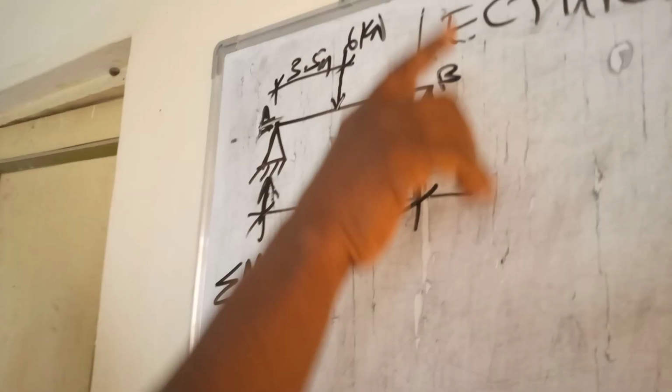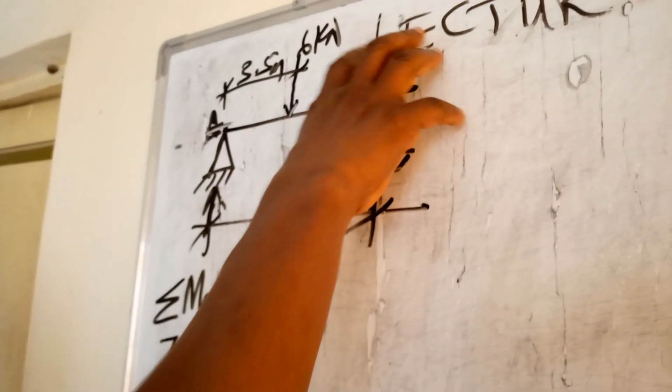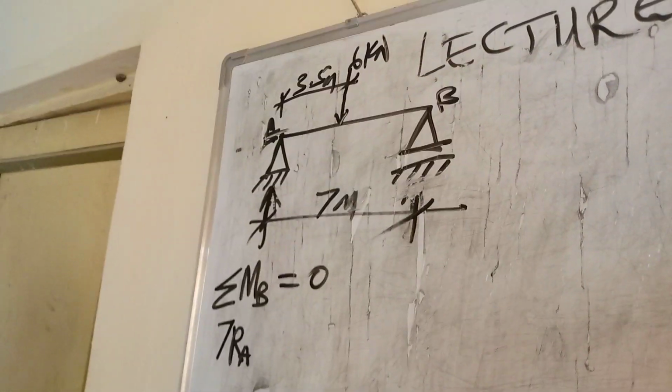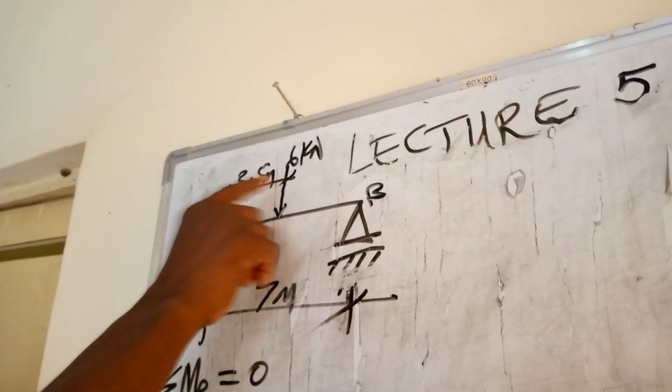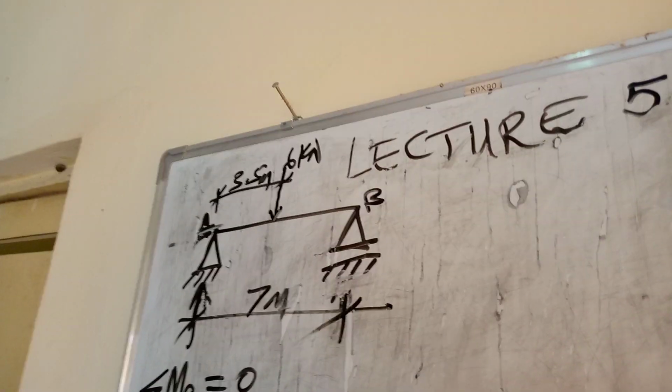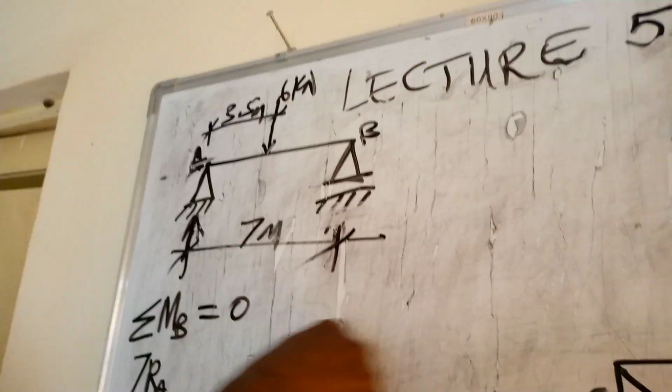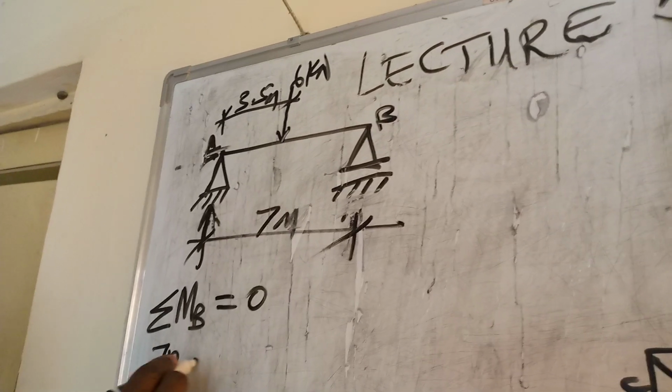So if it's turning this way about reaction B, and I say it's positive as I wrote it here, then the force 6 kilonewton is turning against it about B, and as such it will be negative.